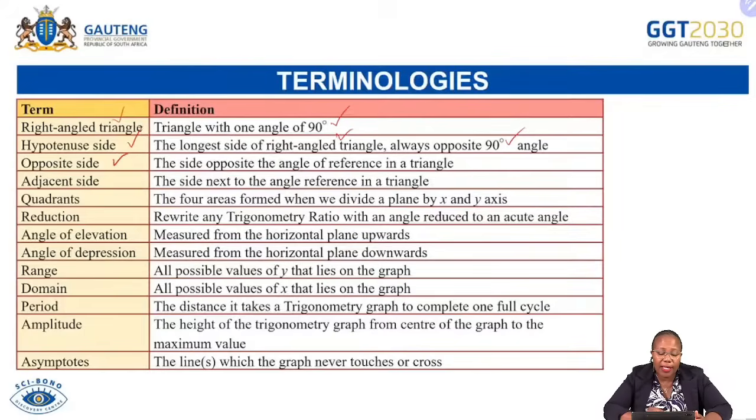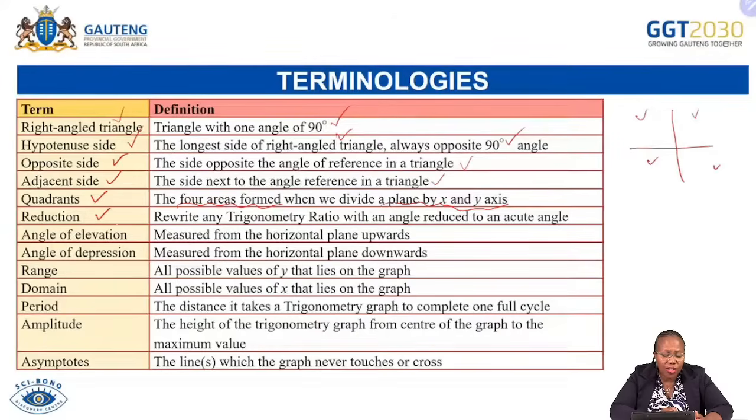Opposite side, the side opposite to the angle of reference in a triangle. And adjacent side is the side next to the angle of reference in a triangle. And then quadrants are the 4 areas formed when we divide a plane by X and Y. Okay, like in your Cartesian plane, those are the quadrants 1, 2, 3, 4.